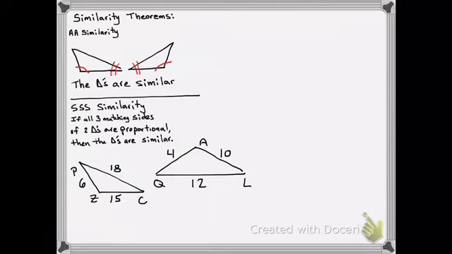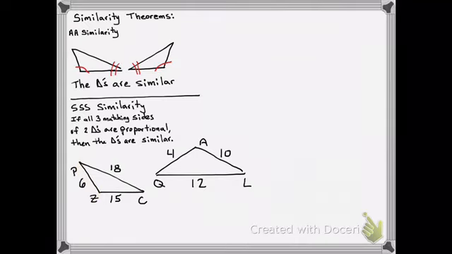For example, if you think that, oh, I know the scale factor, I can clearly see that PZ is 6, and QL is 12, so it must double. 6 times 2 is 12, but if you look at any other side, say 15 to 10, that doesn't double. Neither does 15 to 4, and so we might look at it and say, wait, these triangles aren't similar. Well, you have to be careful.